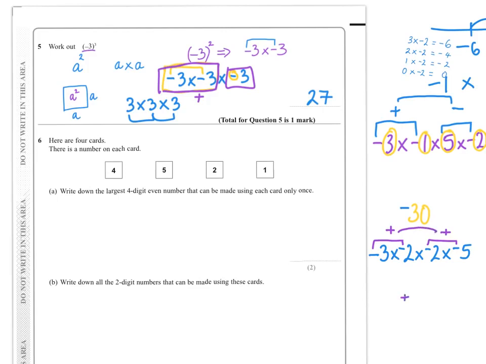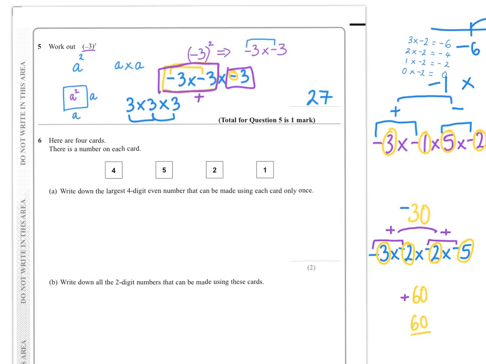The answer is going to be plus something. And don't forget, we wouldn't normally put the plus sign in front, would we? Okay, so now we can do the number part, and we'd have 3 times 2, which is 6, times 2, which is 12, times 5, which is 60. So the answer would be positive 60, or you could just write 60.